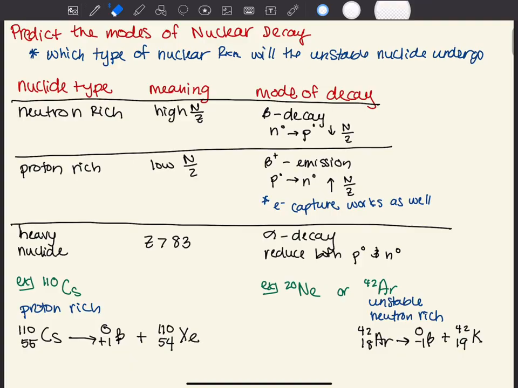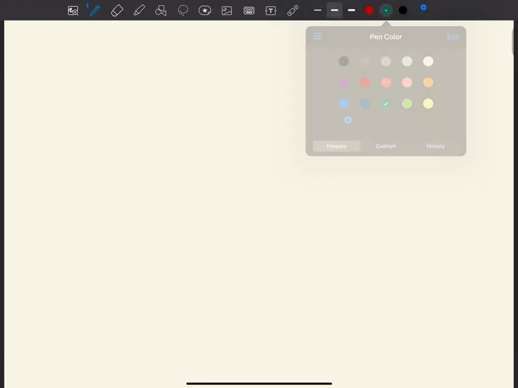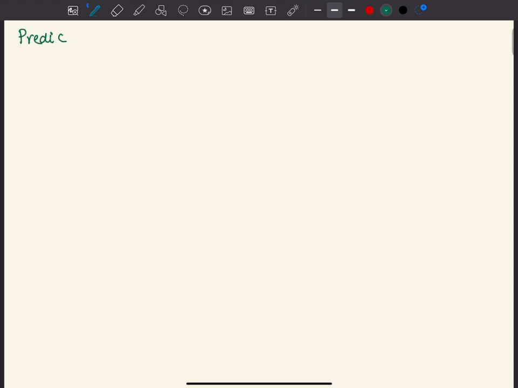So let's look at a couple more examples. Predict the mode of decay for the following radioactive nuclides.